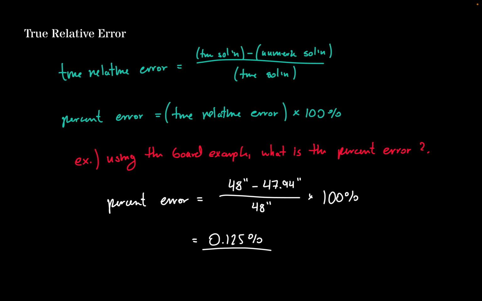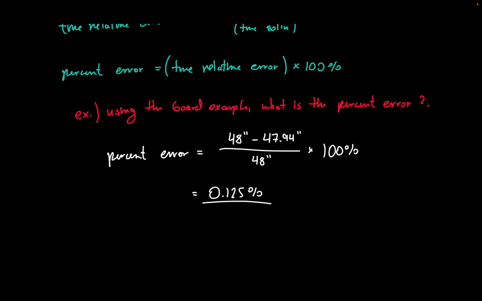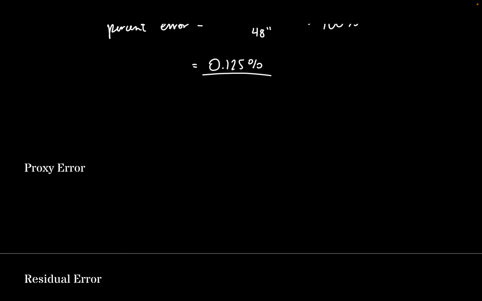Now, to round this off, we have two more types. The next one up is our proxy error. Now, for the proxy error, this would apply to, you could say, different approximation functions. So, for example, if you're trying to find the x-intercept of some sort of function, you could use the proxy error to determine what the error is between your current value that you're approximating versus the previous value that you're approximating. So let's write this out.